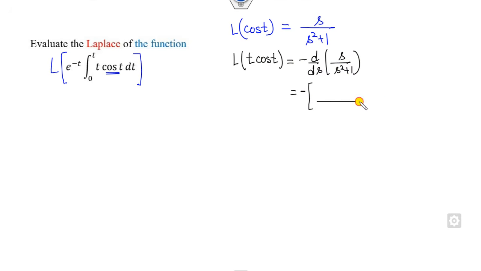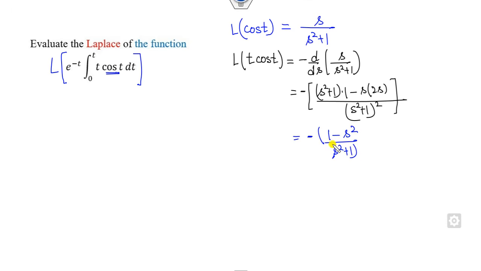Minus, the denominator will be s square plus 1 whole square. It is s square plus 1 into 1 minus s into 2s. Now you can see it's negative 1 minus s square over s square plus 1 whole square, or I can adjust the negative sign. So s square minus 1 over s square plus 1 whole square.